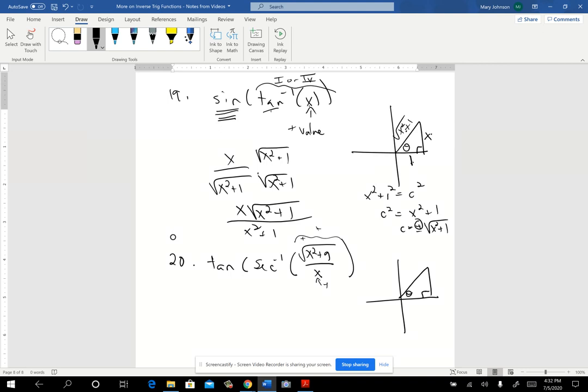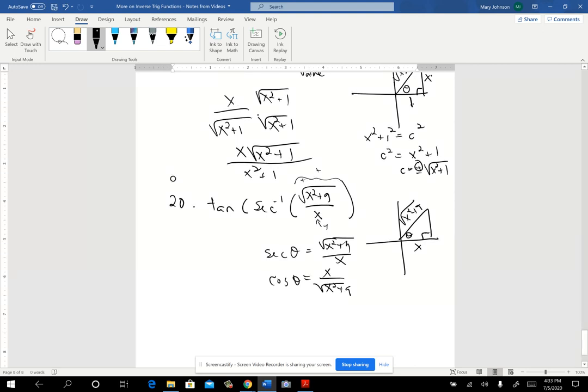What I'm being given is the secant. So if the secant of some angle equals this, then you know the cosine of the angle would have been that. And cosine is adjacent over hypotenuse. So we need to know this side right here. So we're going to find b.